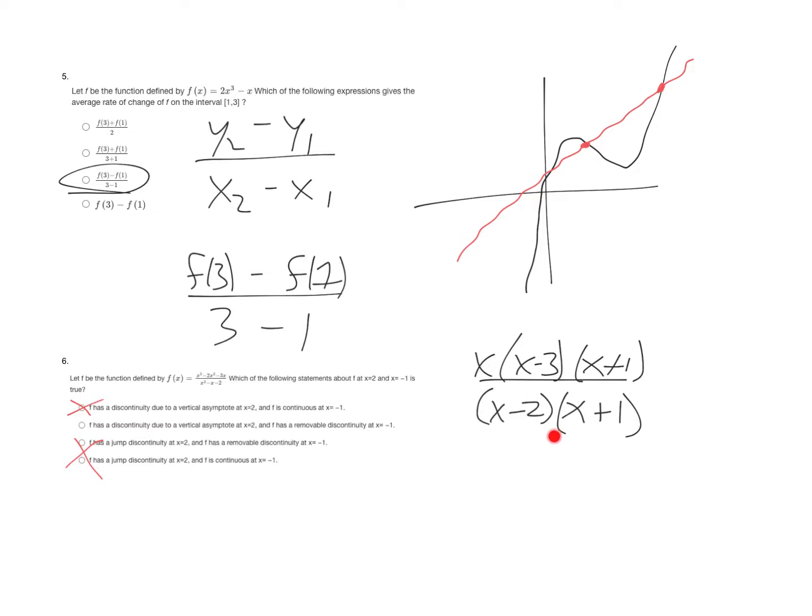That makes it a removable discontinuity. I am literally able to factor it out and remove that issue. Whereas for the positive 2, if I plug in 2, the denominator will in fact be 0, but the numerator will not. So it will be an infinite discontinuity or a vertical asymptote.